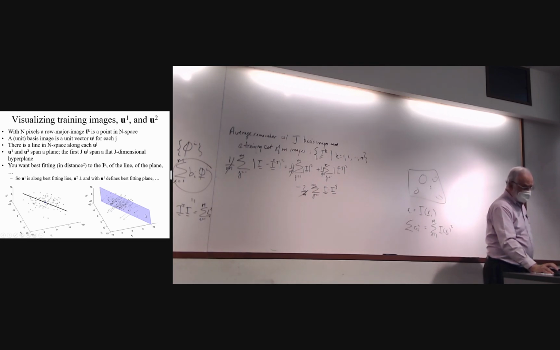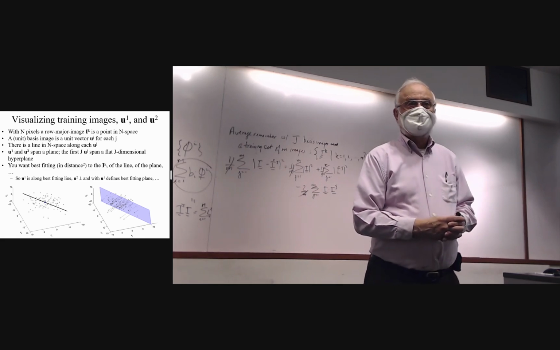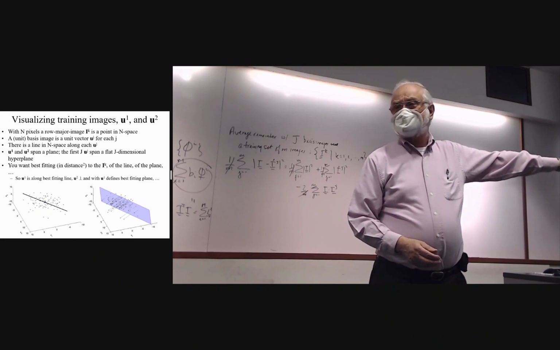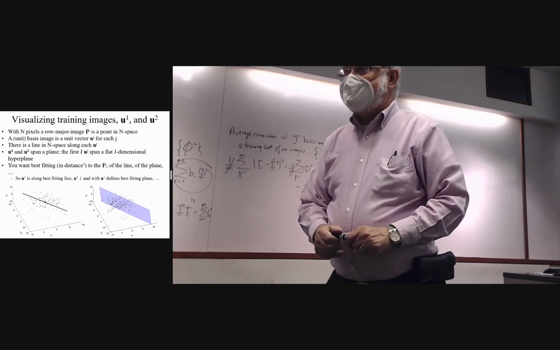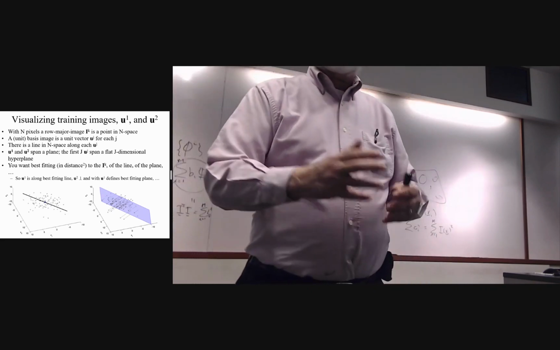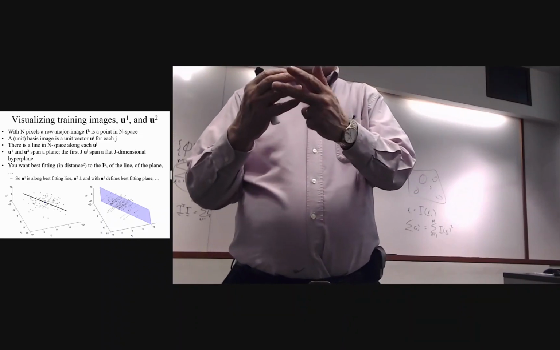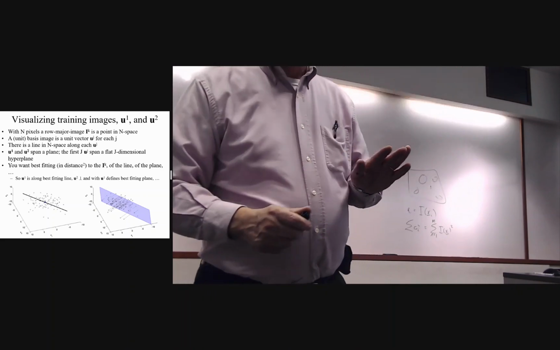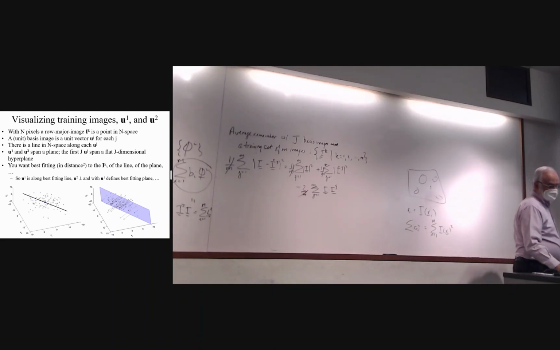So the orthonormal set consisting of those two is going to be the best two basis images. And then obviously the next piece of the story is a three-dimensional flat space that is the best fitting flat space, and you're going to need a third vector orthogonal to the other two to span that three-space, and so on. So that's what's going to be going on in all the algebra that we're doing.